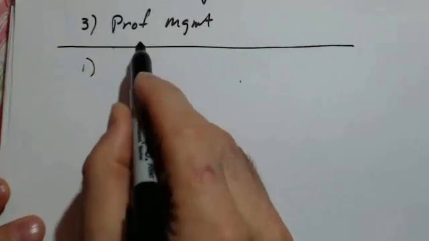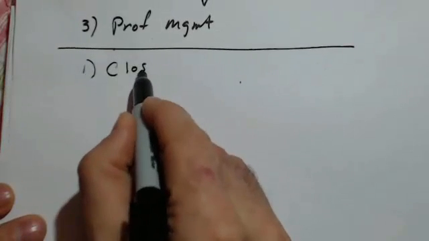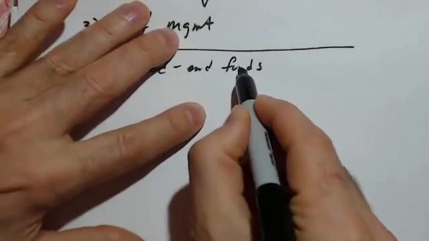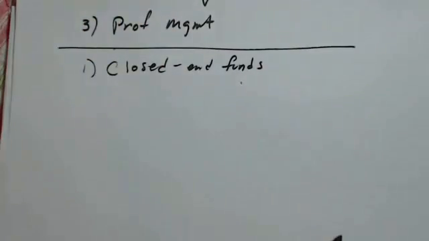The first one I want to cover is closed-end funds. Okay. A closed-end fund is an investment company that doesn't sell any more shares. It basically does an IPO, an initial public offering, sells its shares, and those shares trade on an exchange.